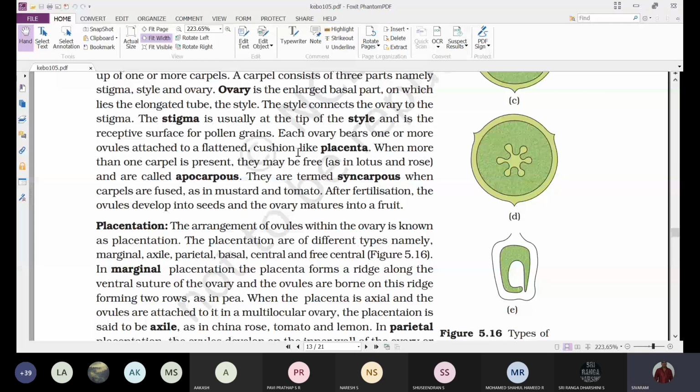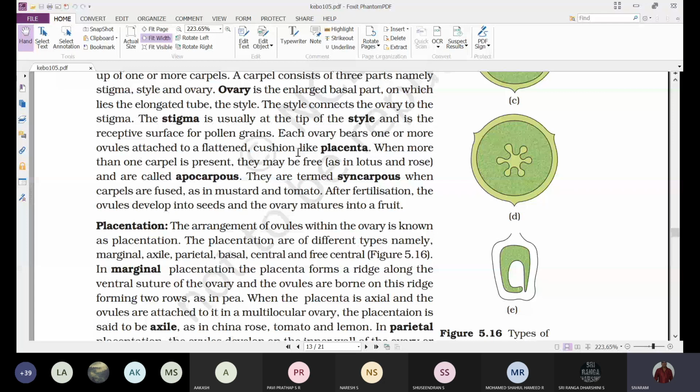Not only that, in mustard and in tomato, in all of these we find they are formed by two or more carpels, and in that case we call it syncarpous.